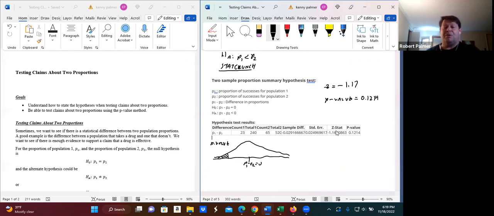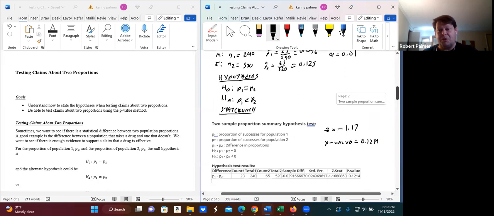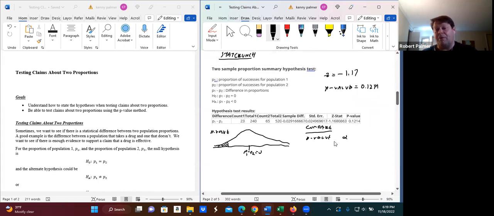And so once again, we do the comparison. We compare the p-value to alpha, and alpha was 0.01. So it was a fairly strong requirement. Our p-value is 0.1214. Clearly the p-value is larger.